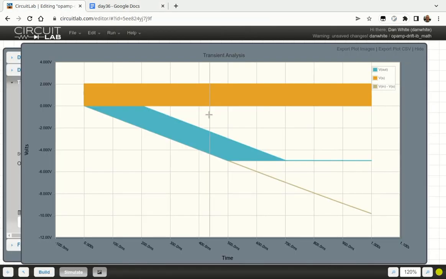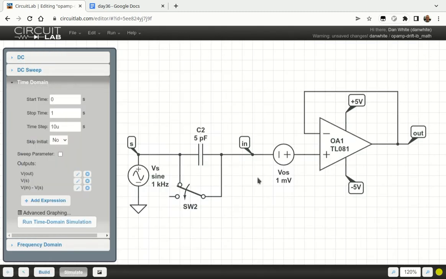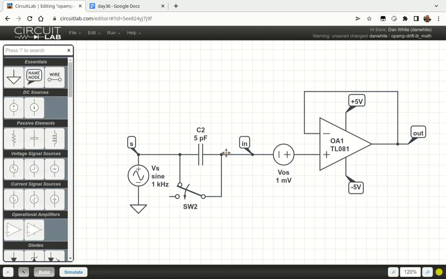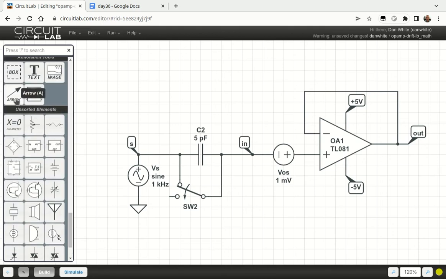Let's go back to our circuit. I plotted using an expression, add expression button, V in minus Vs. So the right side is plus, the other side is minus. That means passive sign convention says the arrow current is going in a positive direction to the left, but I got a negative number.